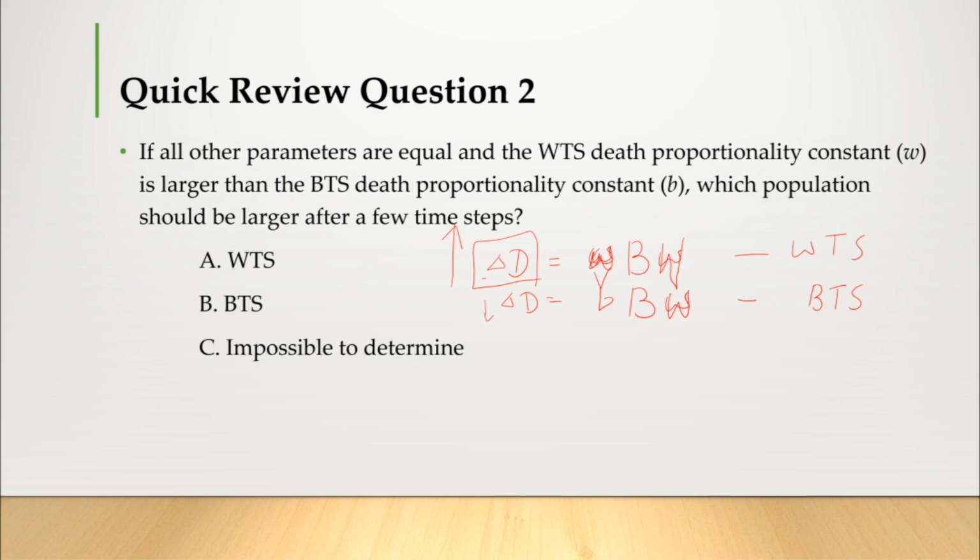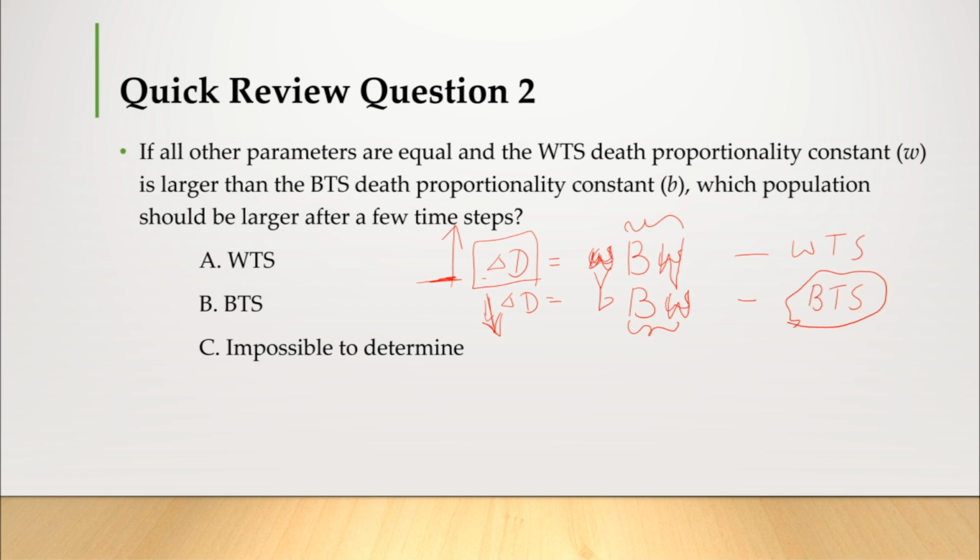So what does that mean? Which population is larger? Obviously, the BTS population is larger because they have fewer deaths, right? These have higher deaths for the WTS, and this has fewer deaths. Why? Because these two values are common to both, right?